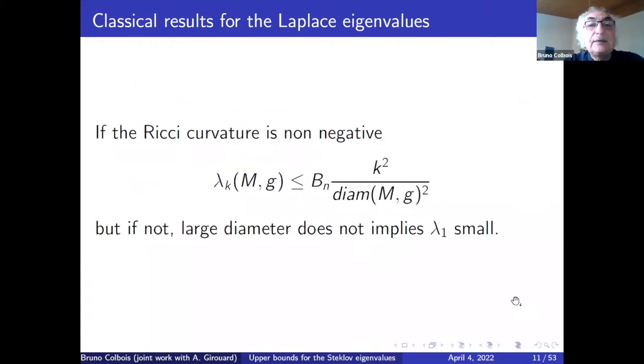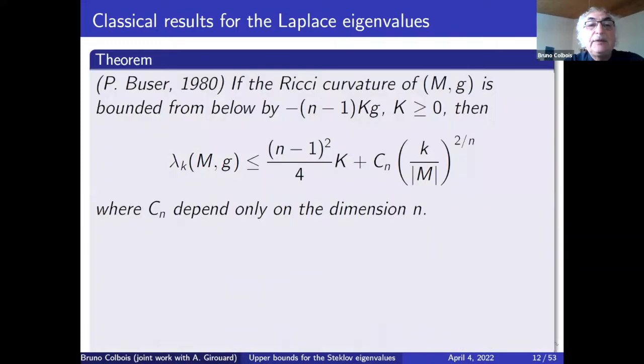The next example is of the same type. It is by my advisor, in fact, Peter Buser, who makes the same type of hypothesis. Ricci curvature is bounded from below, and now the estimate is with respect to the volume of the manifold.